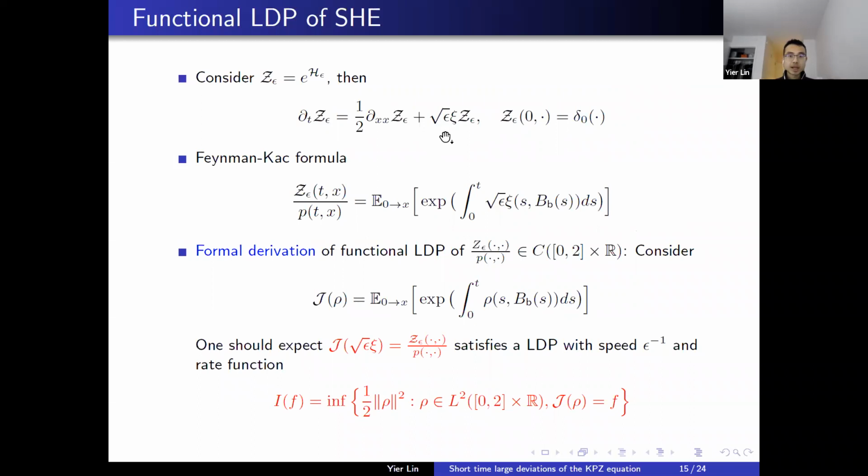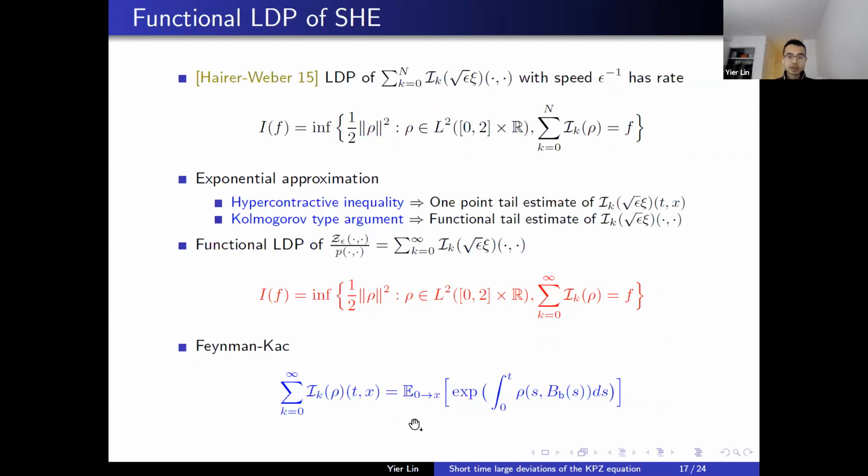Then you apply the Feynman-Kac formula. It tells you this infinite summation is nothing but the expectation on the right hand side. Okay, you can also see where this comes from by just Taylor expanding the exponential function and interchanging the expectation and the integral by Fubini, and you'll see where this comes from.